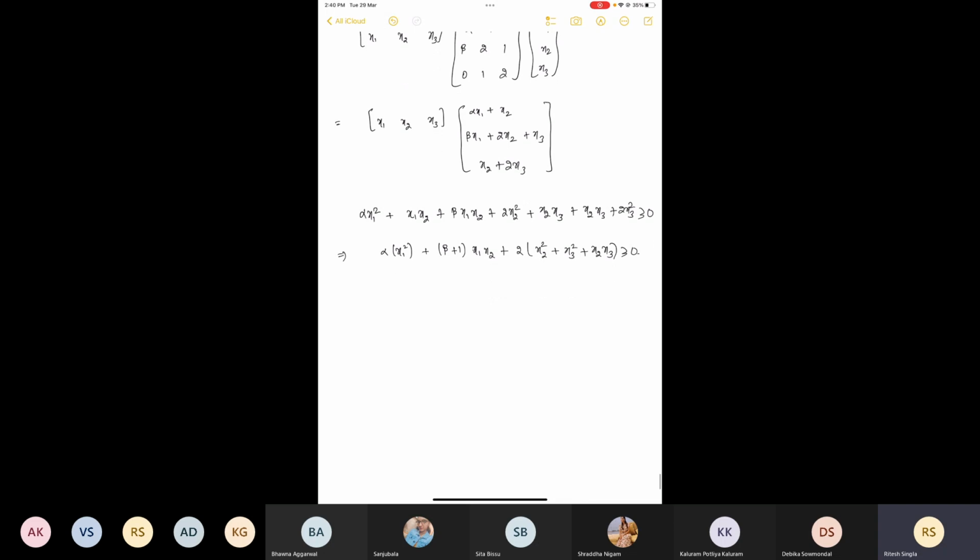At least one condition you can conclude directly: alpha has to be greater than or equal to 0.